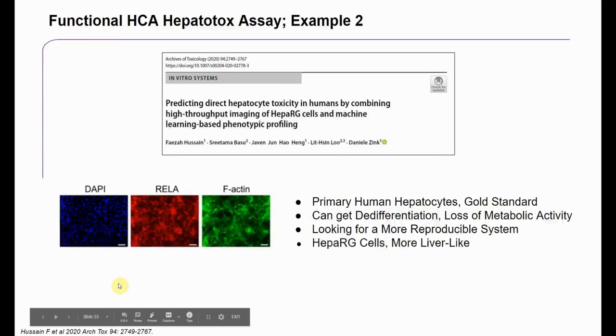DAPI for DNA, which of course is common with the last example, but then they also looked at RelA. RelA is a subunit of NF-kappa B, the transcription factor, which gets translocated into the nucleus in response to stress. And this, of course, is quite a dramatic phenotype in a high-content assay. So they used this as a marker, and also looked at F-actin, which is, of course, a good indicator of changes in cell shape and in the cytoskeleton.